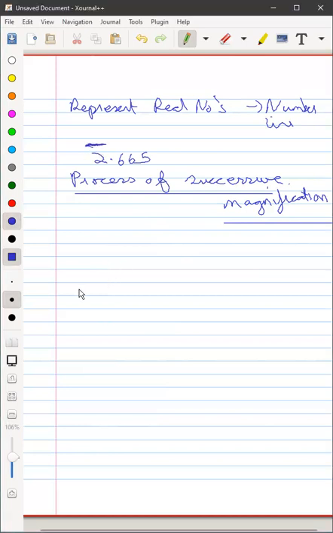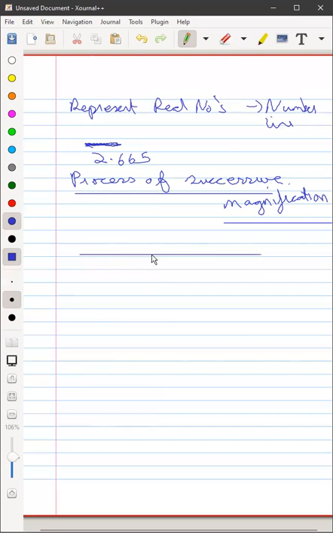Where will 2.6 lie between? It will lie between which two whole numbers? 2.6 will lie between 2 and 3. We are looking at 2.6, the first two numbers. So what are we going to do? We're going to make a number line.